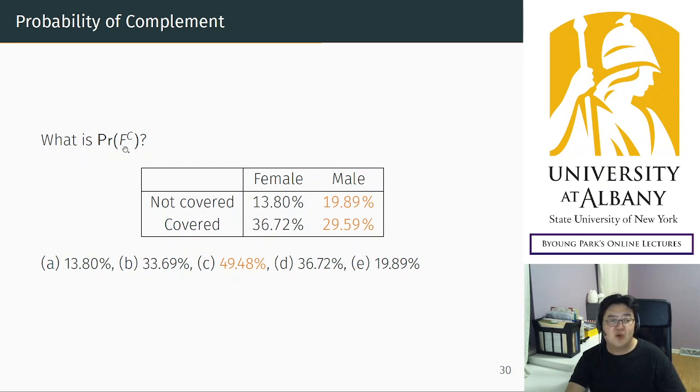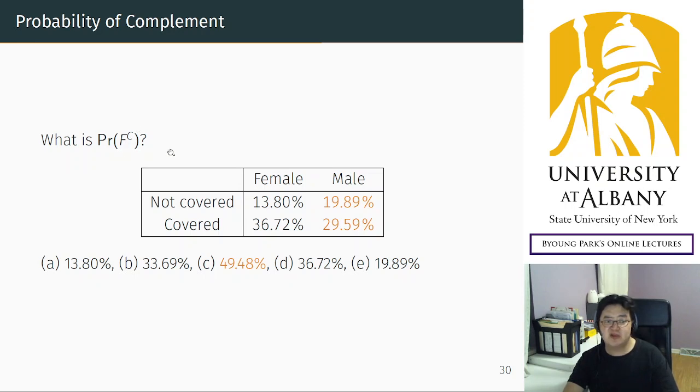So this event only looks at the gender variable, and in particular, we are looking at these groups, these types of people, these two types, which include these two outcomes among these four. So these two outcomes fall into this event.